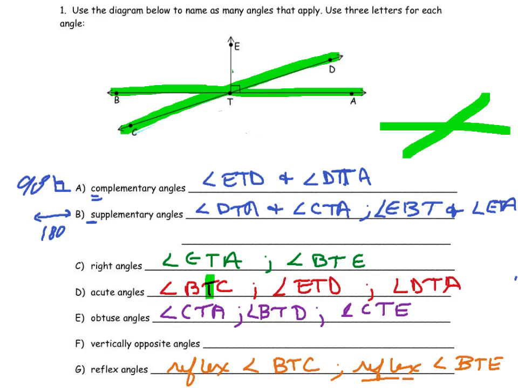So when you have vertically opposite angles, the opposite angles are always equal. And you could tell by size. The acute angles on each side are equal, and the obtuse angles are also equal. So in your vertically opposite angles, the angles that are not touching, i.e. not side by side, but across from each other, they're what we call vertically opposite.